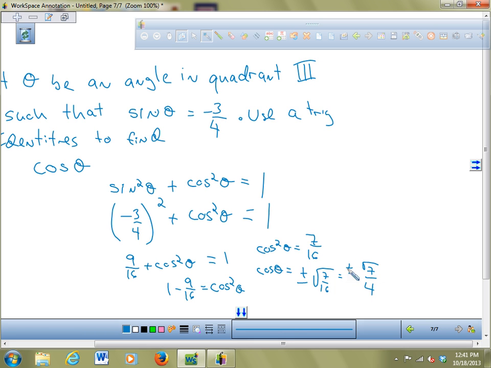And then you have to decide, is it plus or is it minus? Which quadrant am I in? Third quadrant. So is it plus or is it minus? Negative root of 7 over 4 because cosine is negative in the third quadrant.